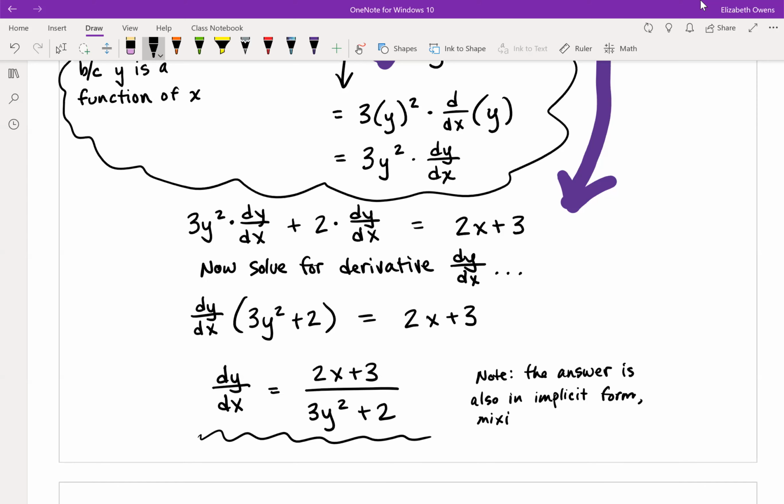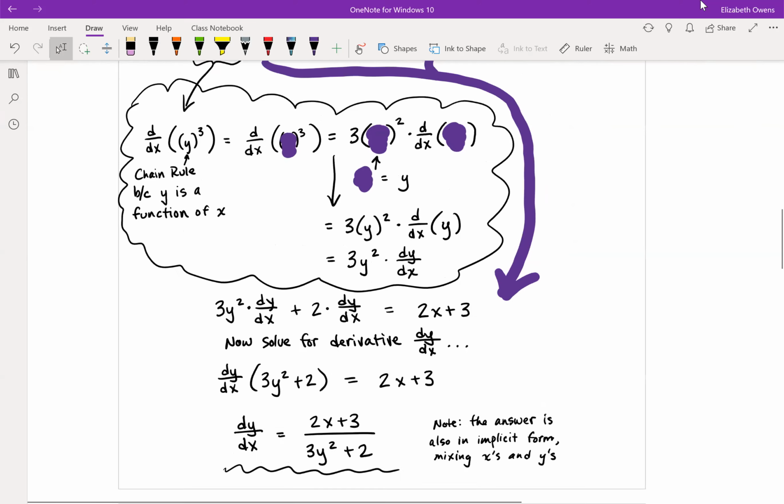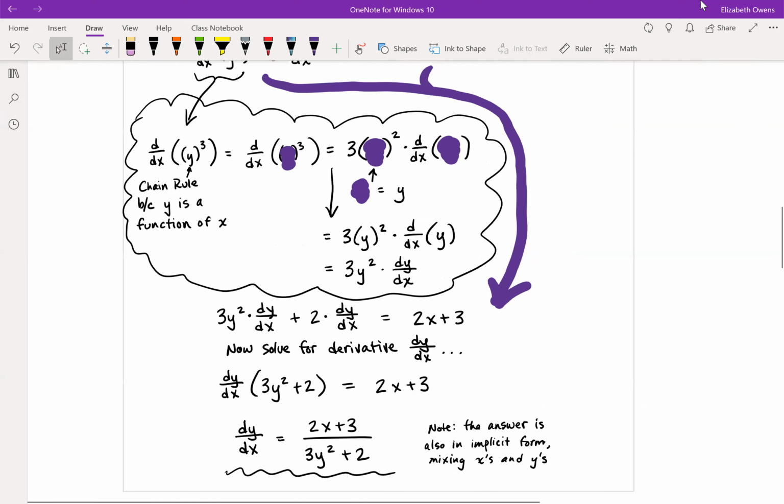So mixing x's and y's, and that's all right. If we had to address that, which we do in some problems, we'll get to that when we get to that. But this is the basic idea of how to take an implicit derivative. And yes, it looks like a lot, but with practice, it will get better.